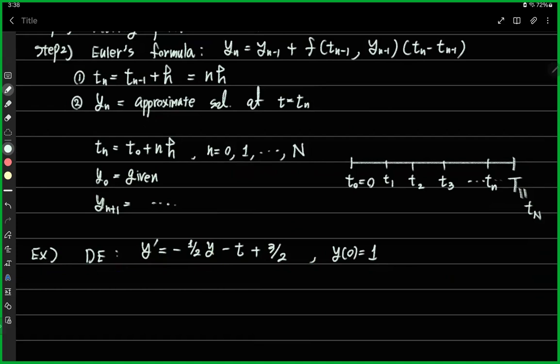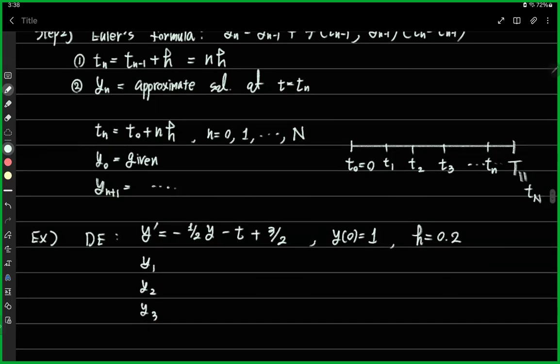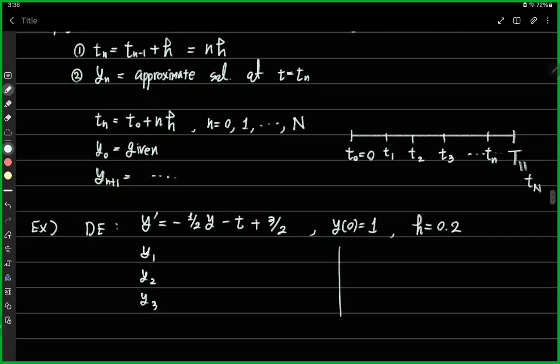Just try to find the approximate solution with h equal to 0.2, and find y sub 1, y sub 2, and y sub 3. Can you do that? Then I can help you.